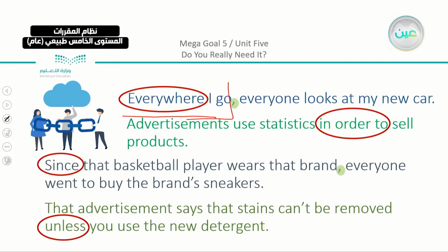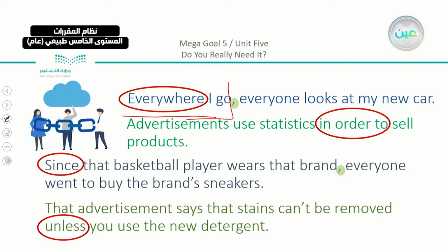Is there a message? Did you get the complete meaning? Everywhere I go? No, there's nothing. But if I say, everyone looks at my new car, does it give you a complete idea? Yes.